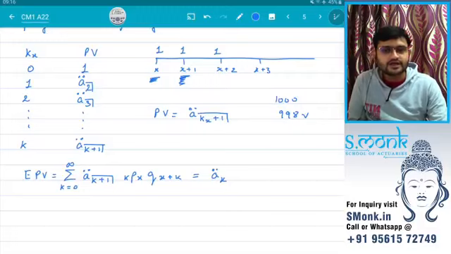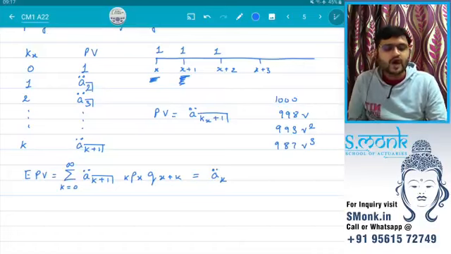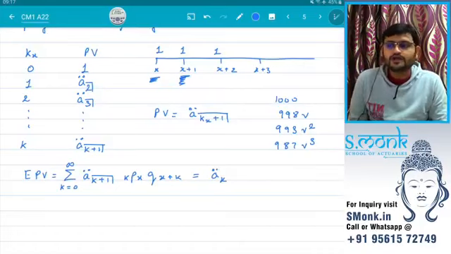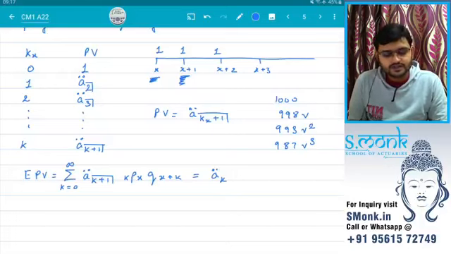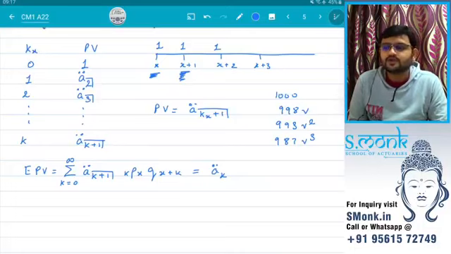Let's say next year again 5 people die, so 993, which I will have to discount for 2 years. Again, let's say 987, raised to 3. So these are nothing but how many people are alive at what time, and I will be discounting all of these payments. So in terms of probability, all I have to do is divide everything by 1000 and I will get basically the probability of a person being alive at that time.